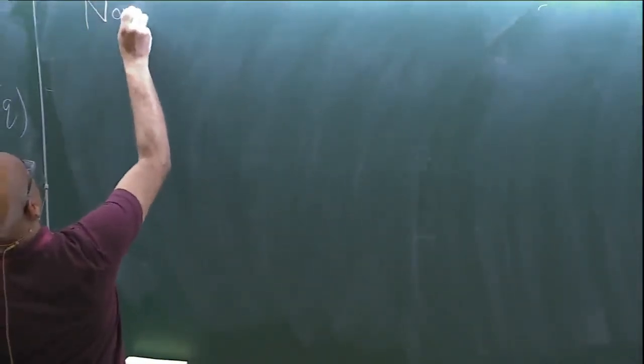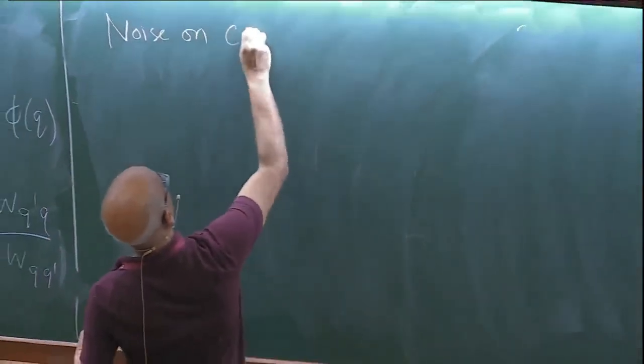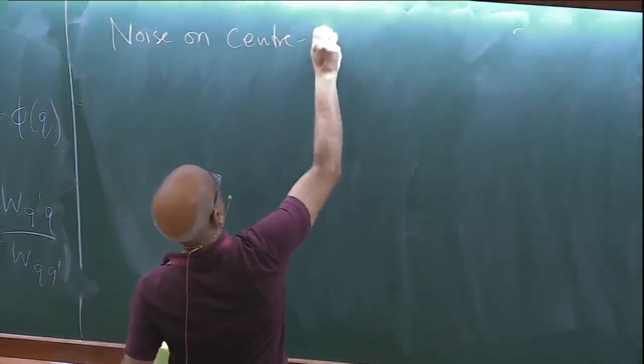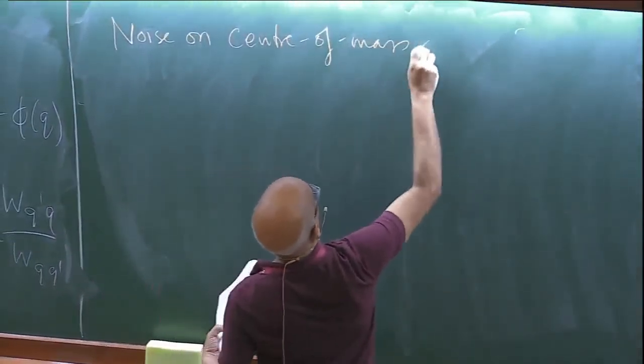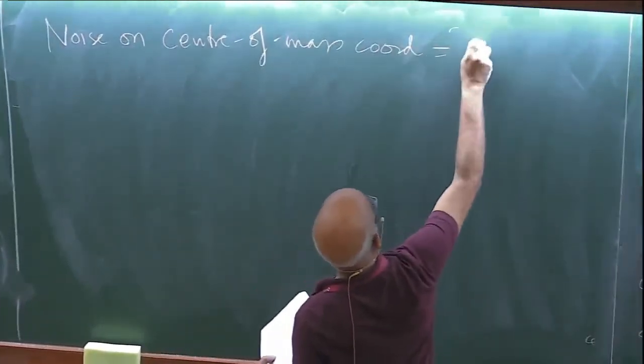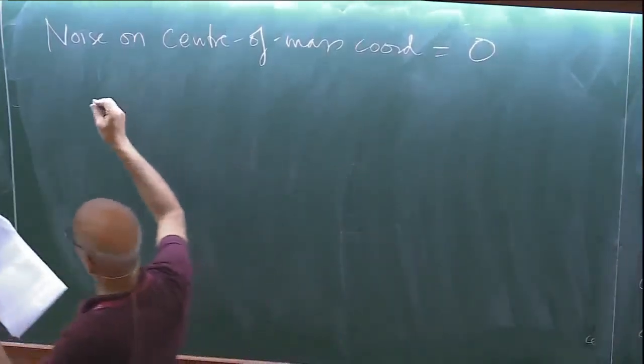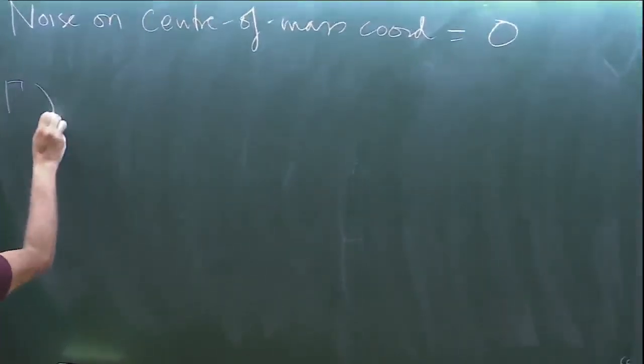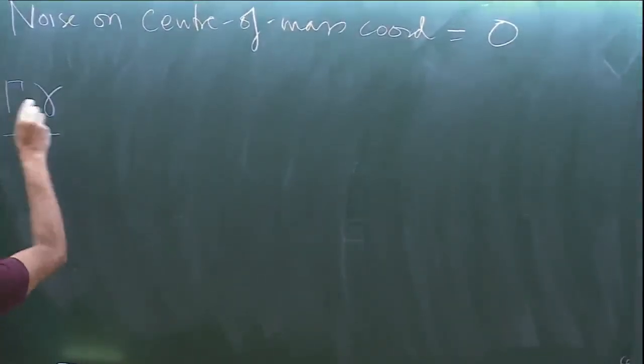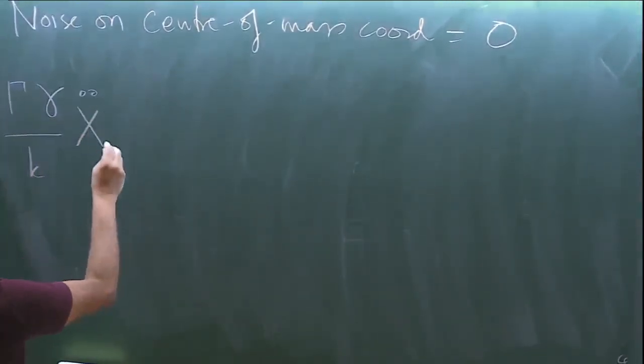So if I set noise on the center of mass coordinate equal to 0, then I can write the whole problem as elementary algebra. You can go through it yourself.